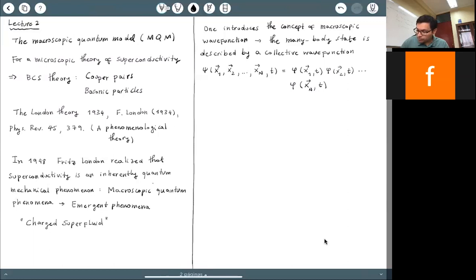This wave function, let's say xi of t, describes the wave function of a single Cooper pair.